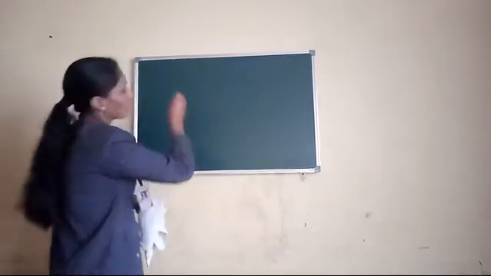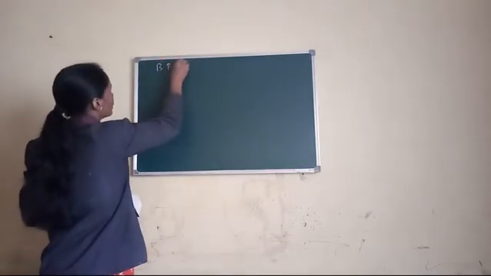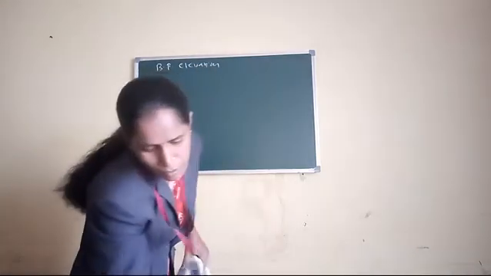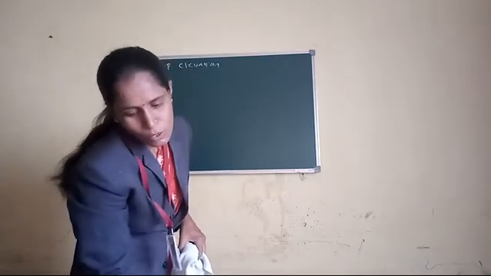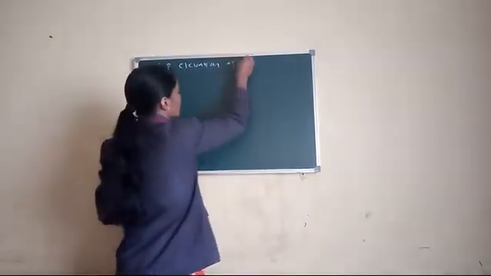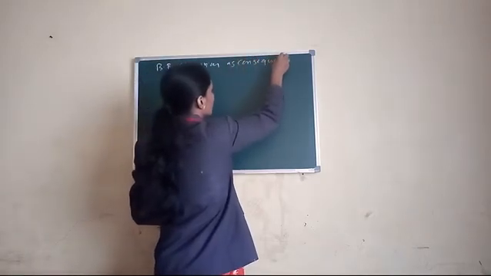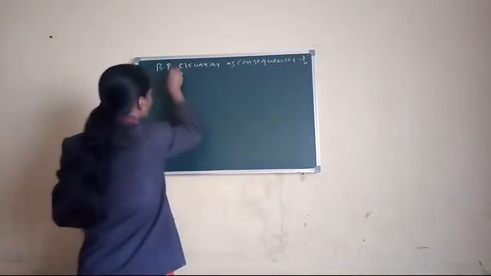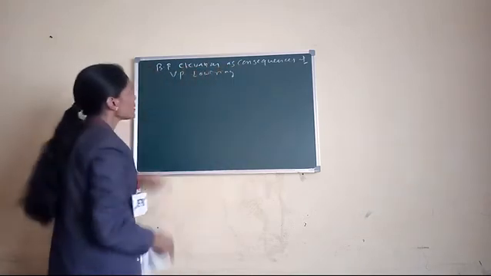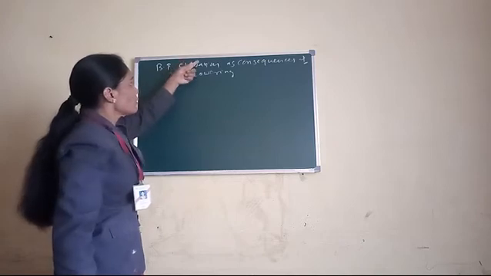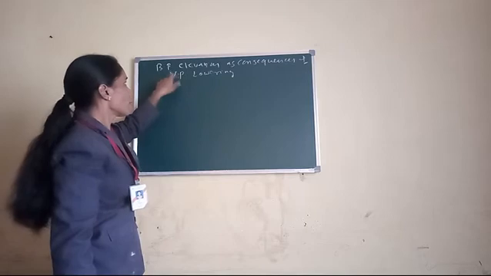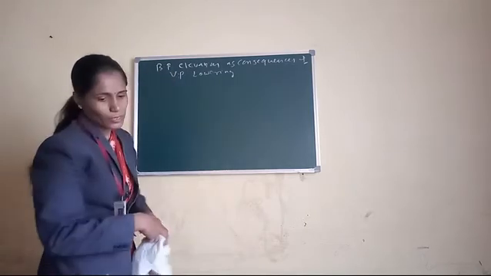Boiling point elevation is a consequence of vapor pressure lowering, which means when the boiling point is elevated, the vapor pressure is lowered. Boiling point and vapor pressure are opposite quantities.